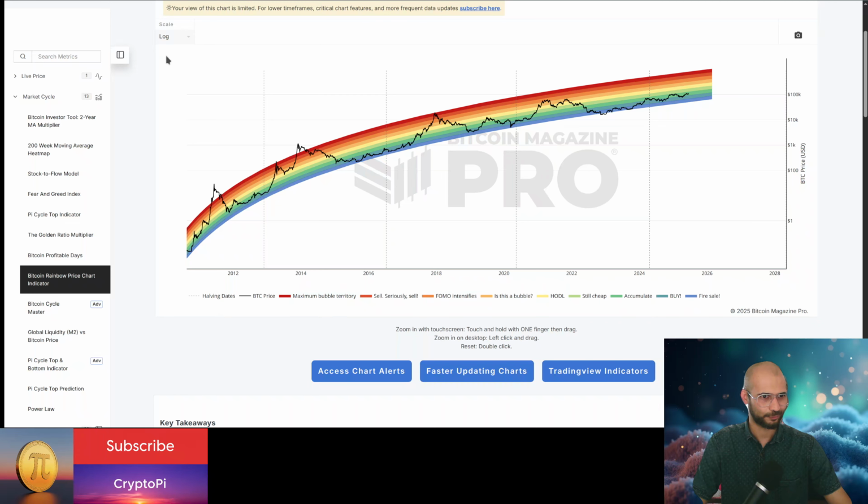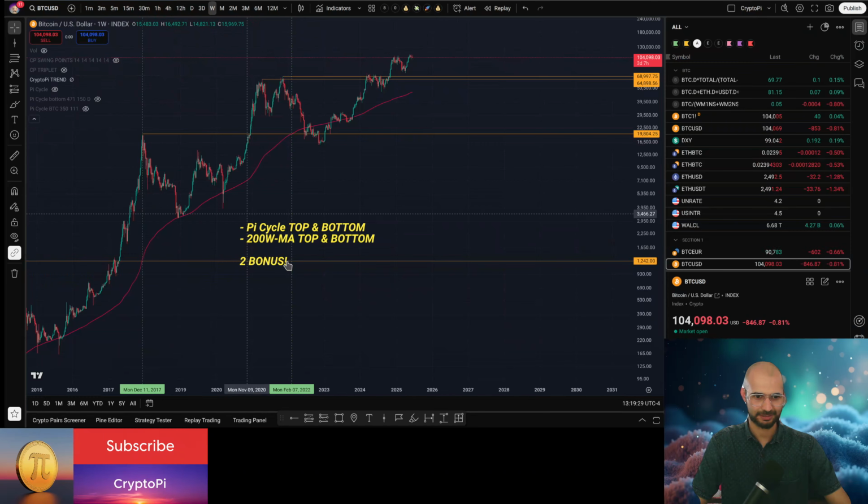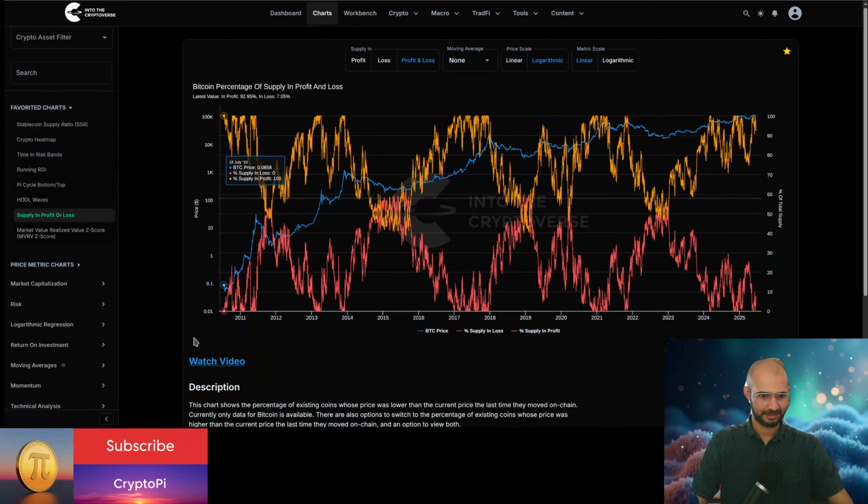The last indicator which I would like to discuss with you is something which I already discussed in one of the previous videos, and that is the percent supply in profit and loss. What we see here is, in the cycle of Bitcoin, how much percentage of Bitcoin is in profit, which is marked with the orange one, and how much is in loss, which is marked with red.